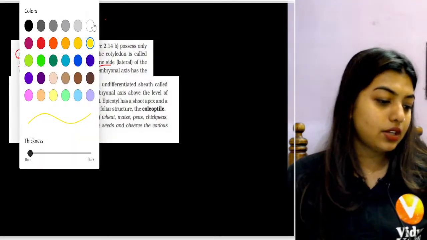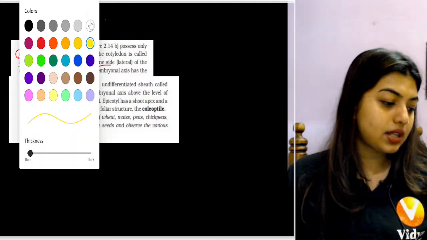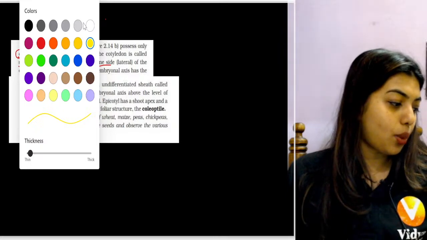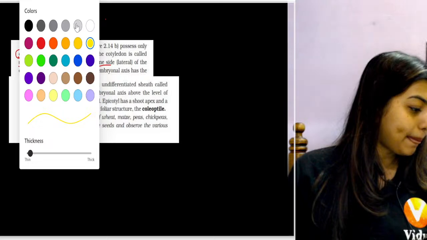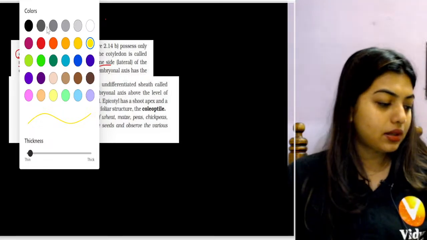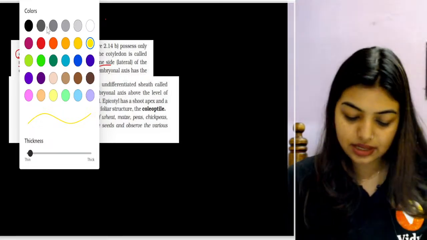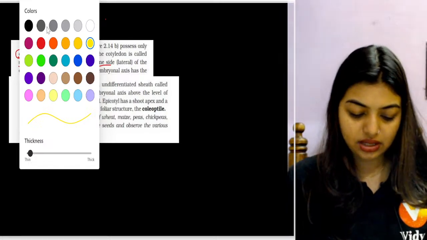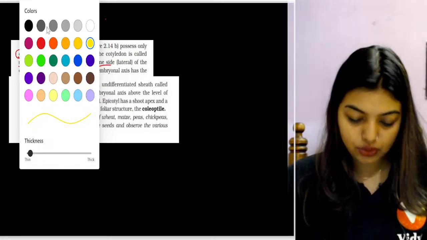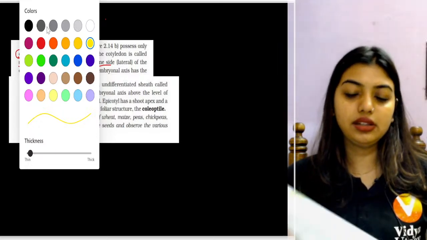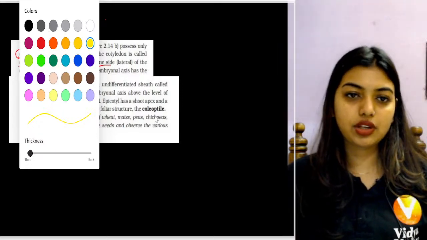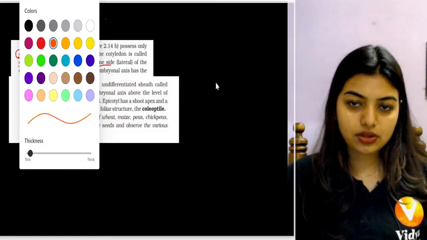Okay, I'll try to draw the diagram, students, because the diagram is a little complicated. There are two diagrams. One is given in your textbook, but that is not clear, so I will draw one more diagram, which is a little hard to draw. You don't have to draw it.